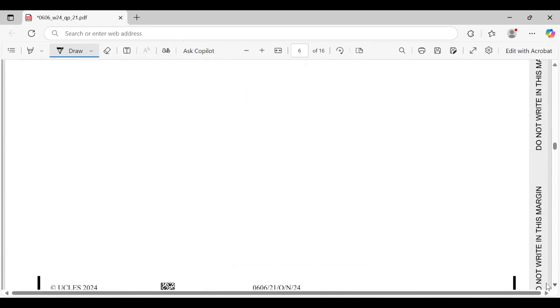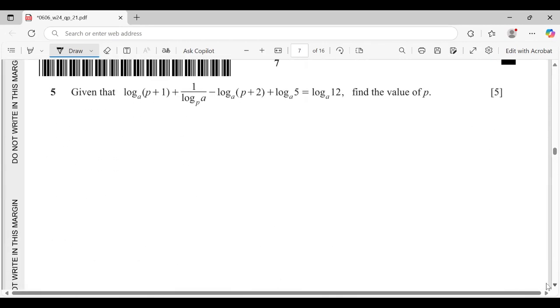Next question. Given that log_a (p+1) over log_p a, minus log_a (p+2), plus log_a 5 equals log_a 12, find the value of p. So I would like to simplify this term.